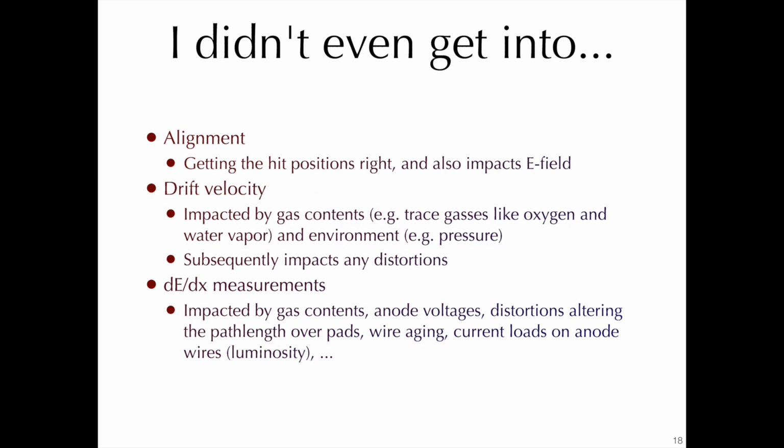So, all right. I'm not going to spend the time on everything. There's a lot more to get into, trying to understand the alignments. The alignment not only, of course, affects where you reconstruct the hits to get them in the right positions, but I've also mentioned that it impacts the electric field, and it can do that in a couple ways. The whole TPC can be tilted, so the electric field isn't aligned with the magnetic field.